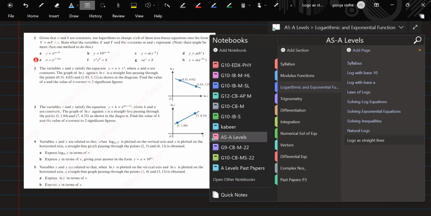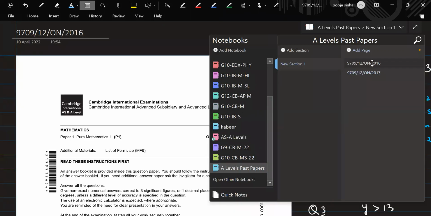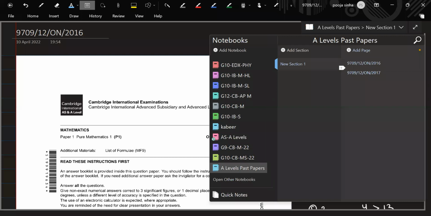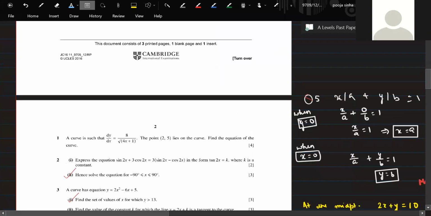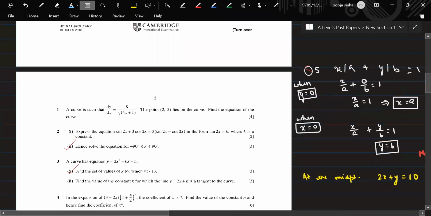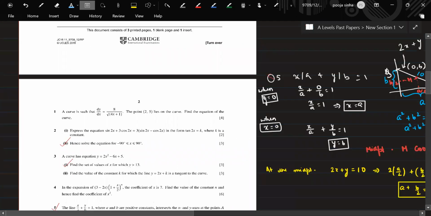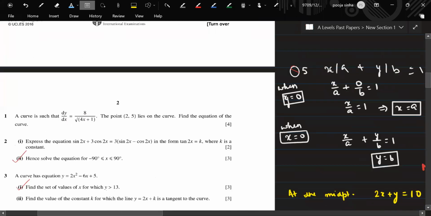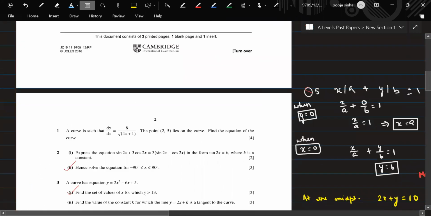Aren't we supposed to find x values in that with ASTC? 2016 paper, right? The graph was about tan x. But why did you make a graph? Weren't we supposed to find it through ASTC, just x values?